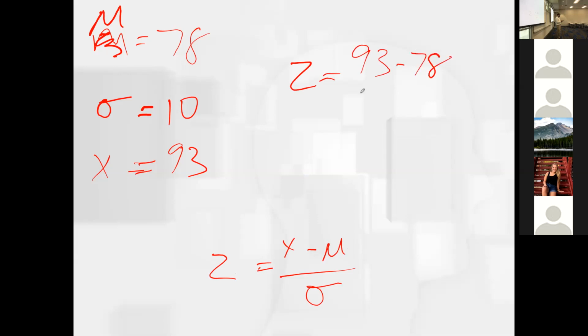So our x is 93. So we take that equation, z equals x minus mu over standard deviation. So z equals 93 minus 78 over 10, or 15 over 10.